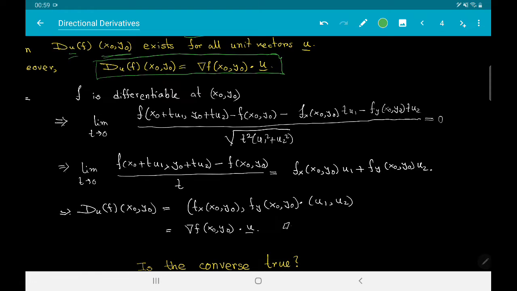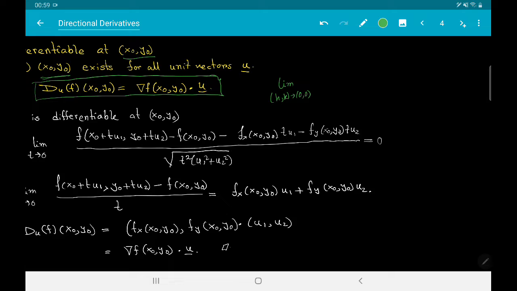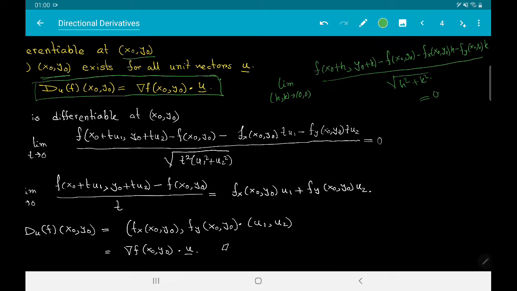So all we need to understand is that if the function is differentiable, then the limit as (h, k) tends to (0, 0) of the expression f of (x0 plus h, y0 plus k) minus f of (x0, y0) minus fx at the point (x0, y0) times h minus fy at the point (x0, y0) times k, divided by the square root of h square plus k square, must be equal to 0. So we could take this vector to be any point of our choice.